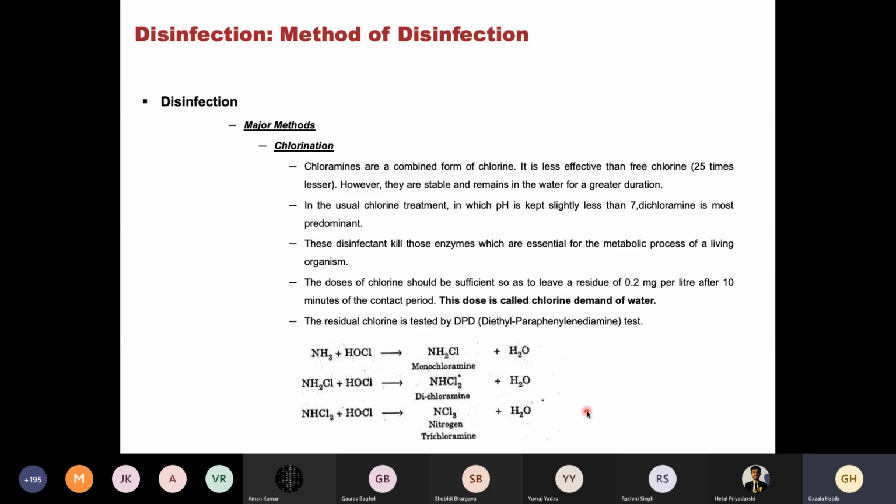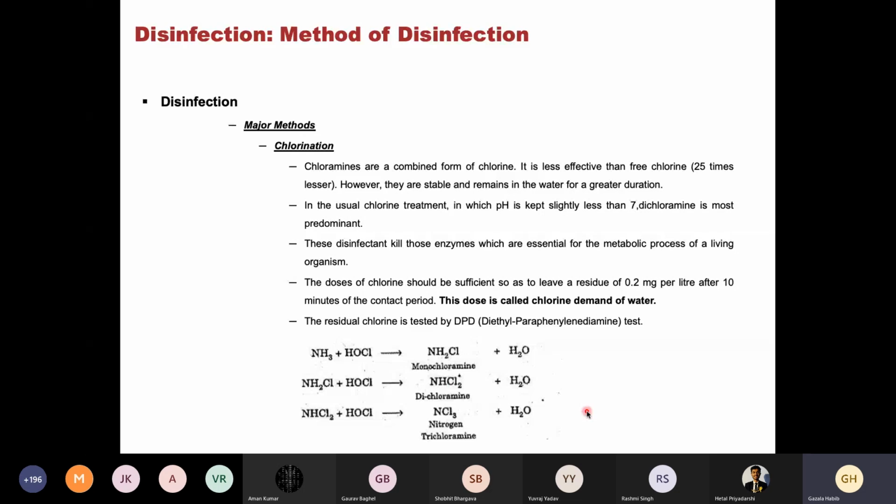If we have allowed 10 minutes for the bacteria to be killed in the water, then after 10 minutes at least 0.2 mg per liter of chlorine should be available to prevent any further chance of contamination.